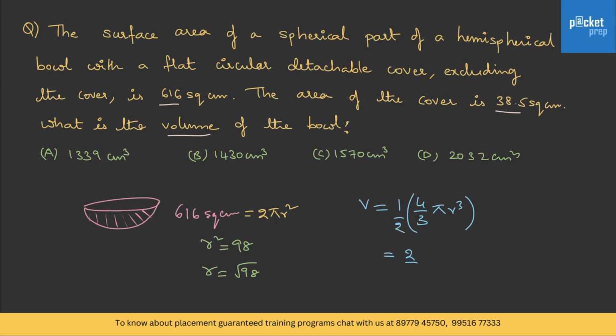So this is 2 by 3 pi r cube, that is 2 by 3 into 22 by 7 into root 98 cube. This is 2032.69. So approximately it is 2032 centimeter cube. That is option D.